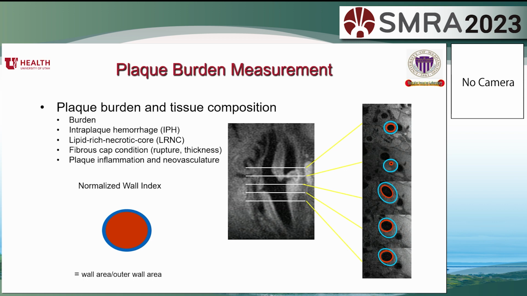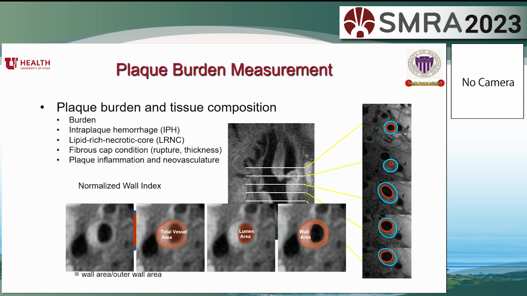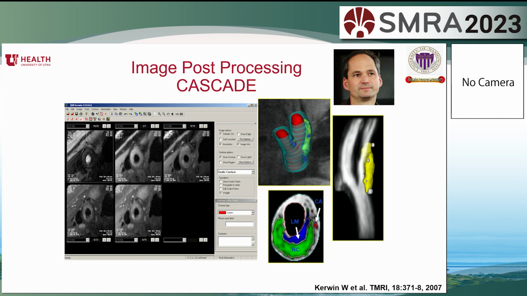So there are many plaque burden measurements that started using that type of parameter. Also, with Bill Kerwin at our lab, we developed a software called CASCADE. The intention is that you can integrate multi-contrast data for quantitative measurements of the areas and also their composition.